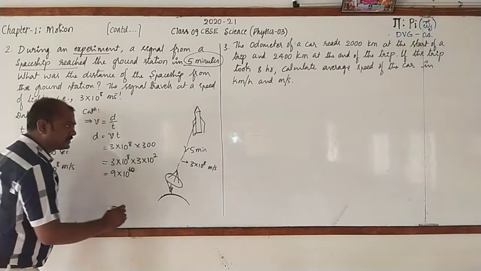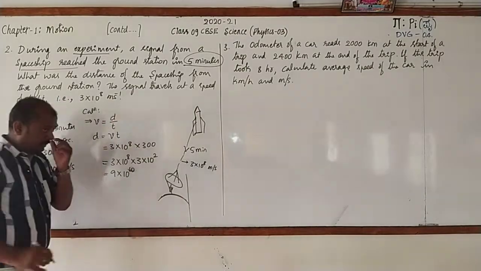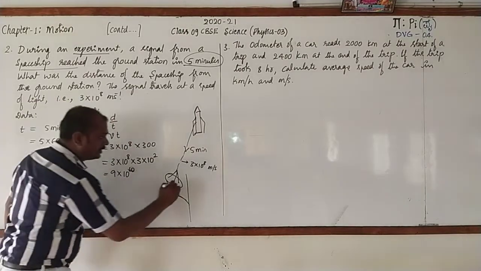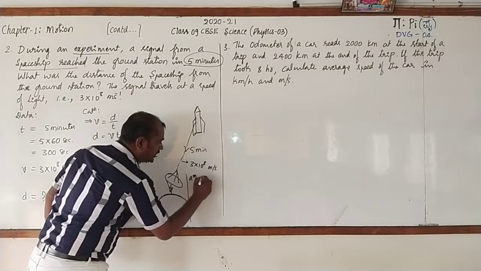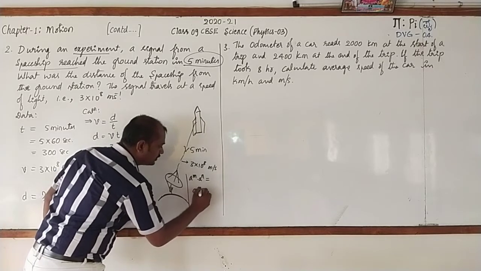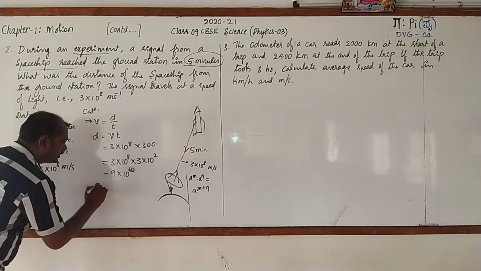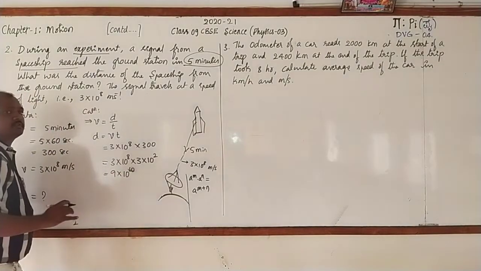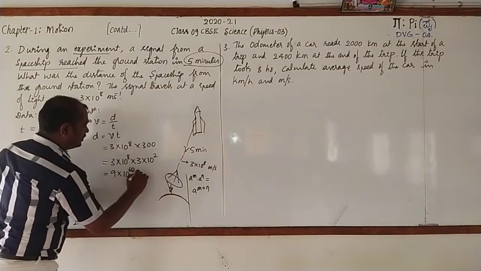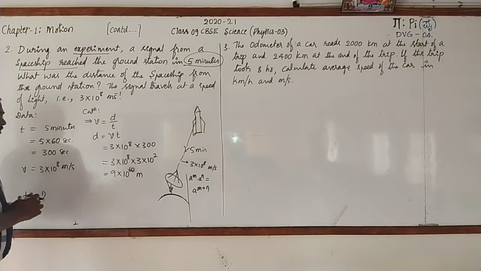Clear? You can recall the law of exponents, that is, a raised to the power m into a raised to the power n equal to a raised to the power m plus n. So, d is equal to 9 into 10 raised to the power 10 meter.